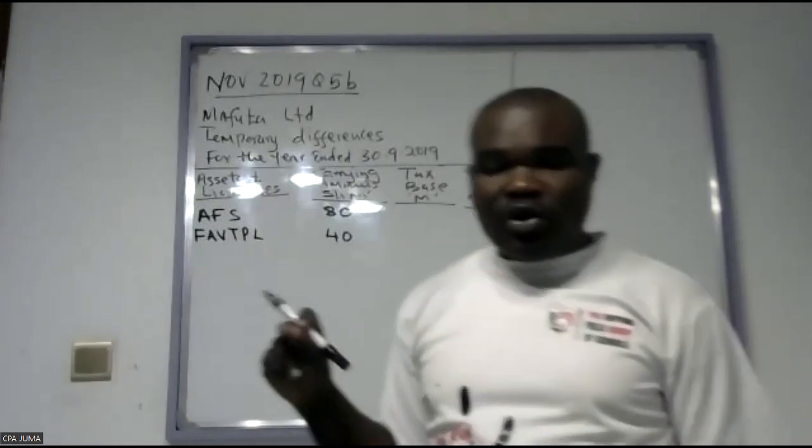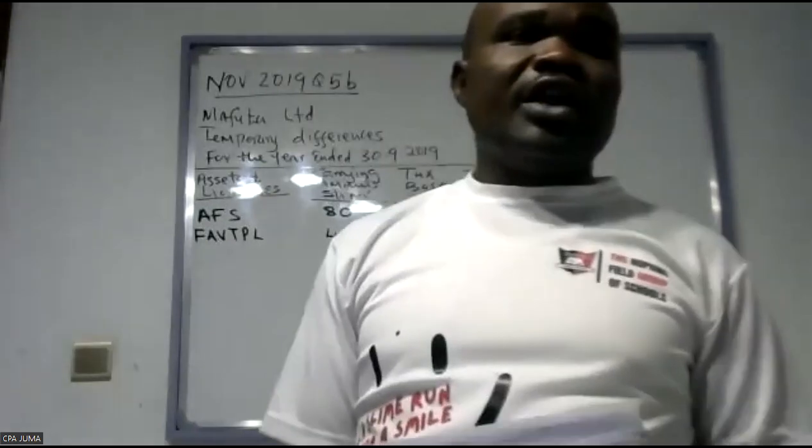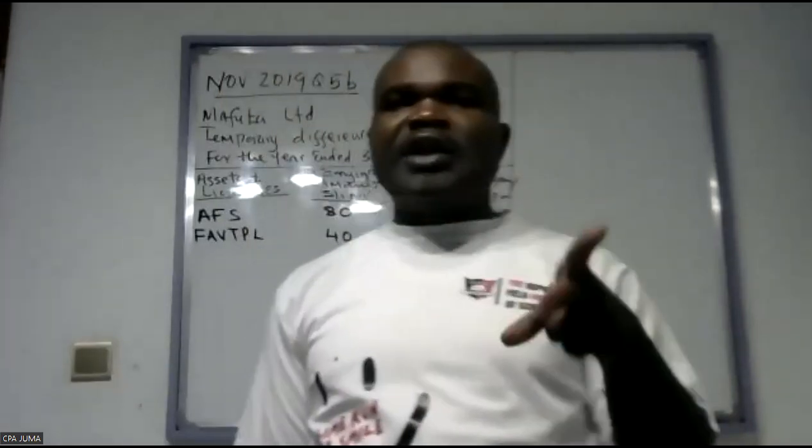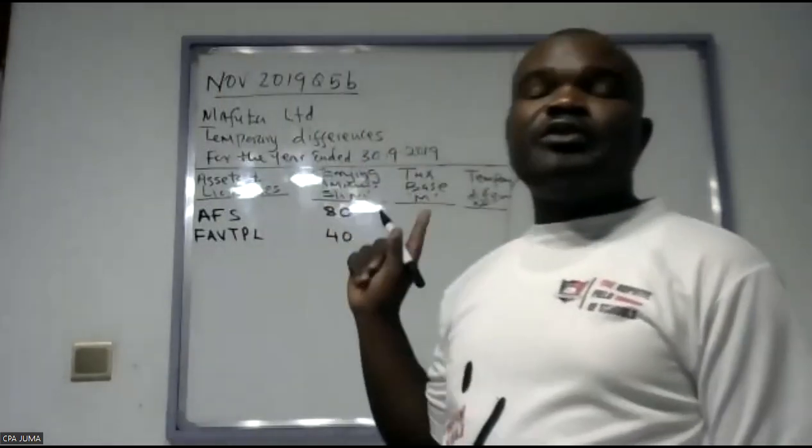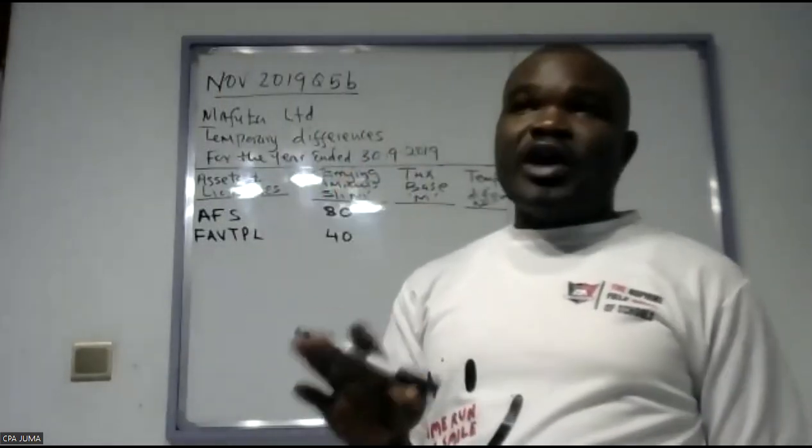What the taxman always does, when they come for assessment, they check the initial cost. What was the original value before the loss in value? You know, some people might pretend that it had lost value, so they subtract to undercast the tax. So the taxman will always go for the cost, then we negotiate on wear and tear.